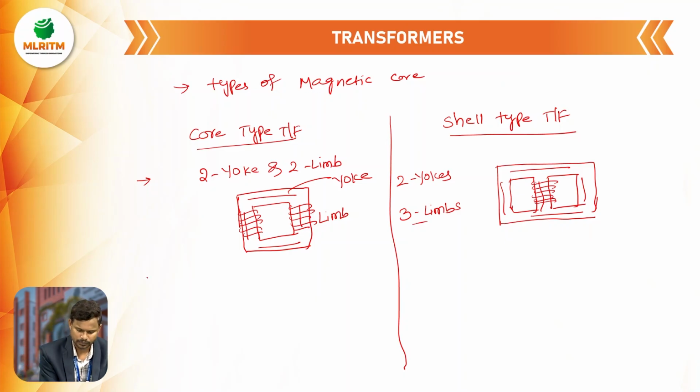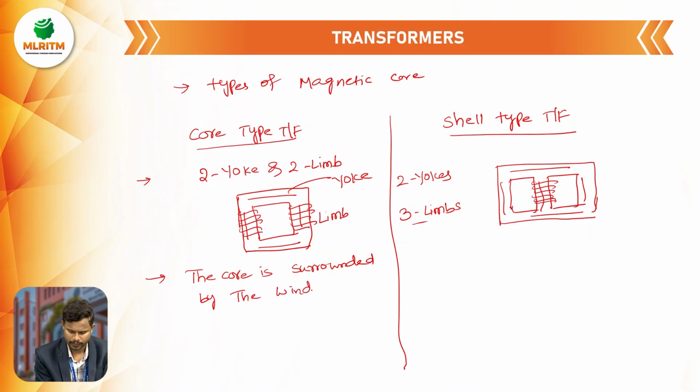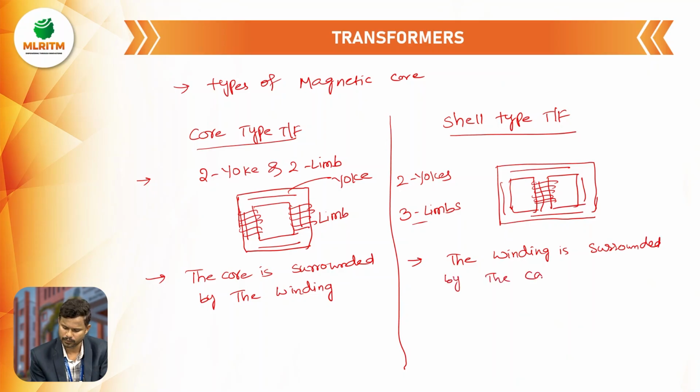That means in a core type transformer the core is surrounded by the winding, while in a shell type the winding is surrounded by the core, the reverse way.